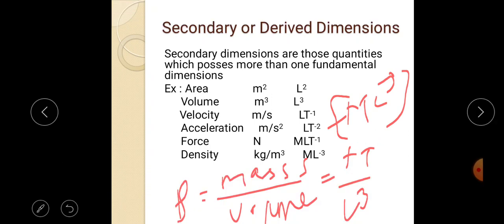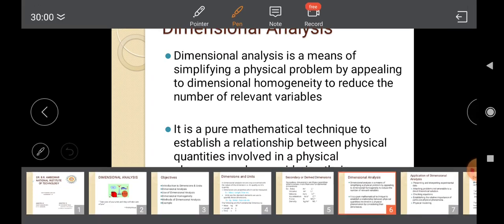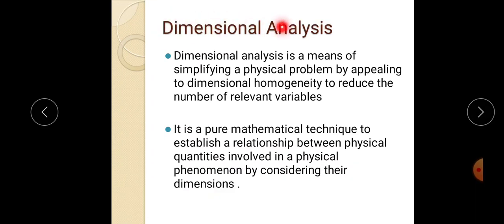Now next, now we are here with dimensional analysis. What actually is dimensional analysis? Dimensional analysis is a means of simplifying a physical problem. How can we simplify? By appealing to dimensional homogeneity.